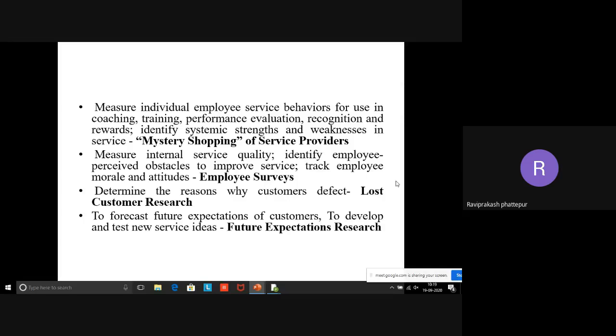So in mystery shopping, all these things should happen: performance evaluation, recognition and rewards, identifying systemic strengths and weaknesses in the service. It can help in training and coaching the employees of the company to serve better or provide better service delivery. I hope you already know mystery shopping or mystery shoppers.